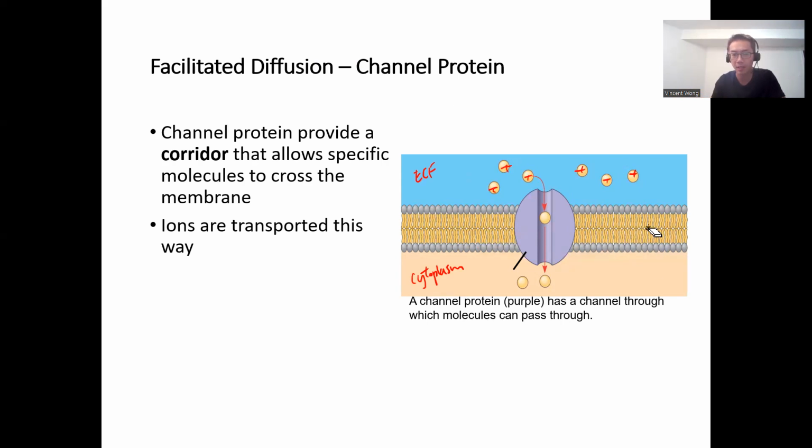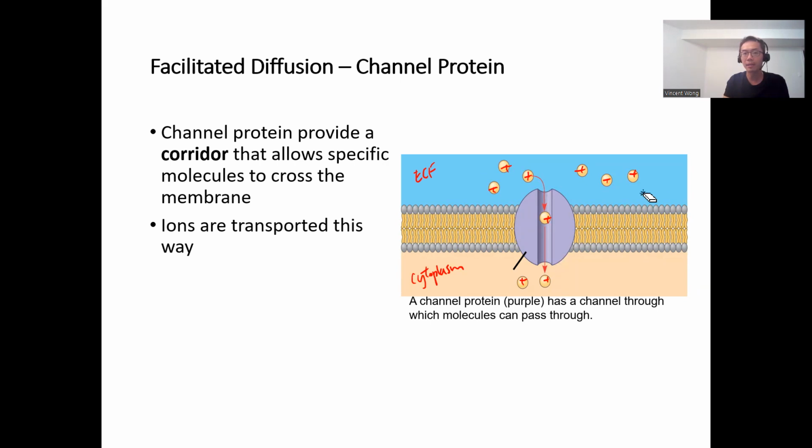The thick hydrophobic region here will block them. So the transport protein here, the channel protein, will provide a tunnel, a corridor for these charged particles to go through. The tunnel will shield the ions from the hydrophobic environment. They're able to pass through.